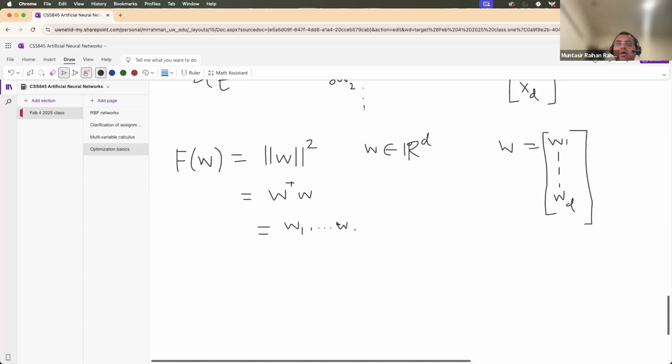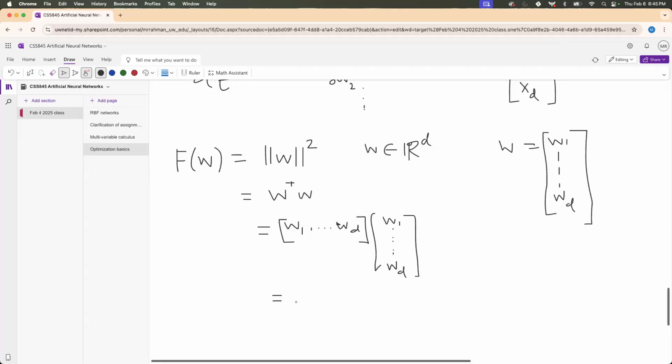If you actually calculate the dot product, this is going to be a row vector, and then you have the column vector. Now if you actually take the dot product, what do you get? W1 square plus W2 square to WD square. Exactly.